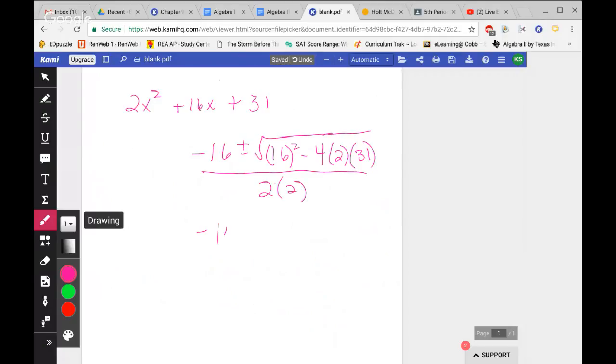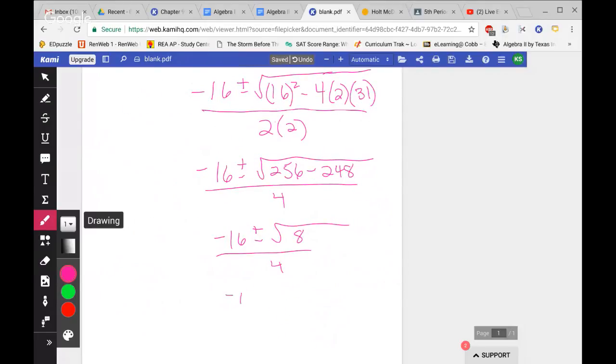So we've got the opposite of 16, plus or minus 16 squared, which is 256, minus 8 times 31, which is 248. Is that what you got? I think so. And then negative 16 plus, and then 256 minus 248 is 8, all over 4.